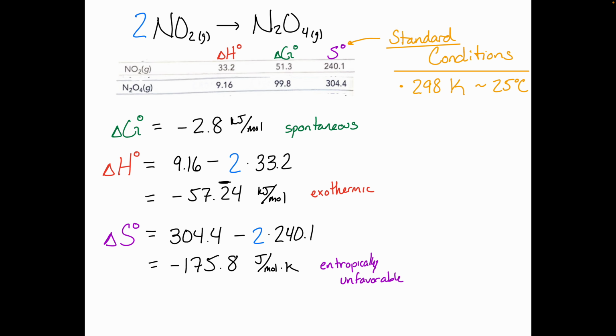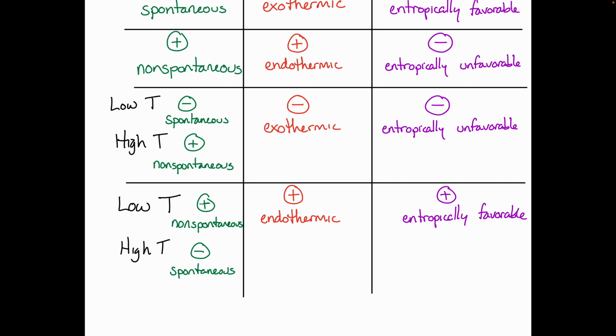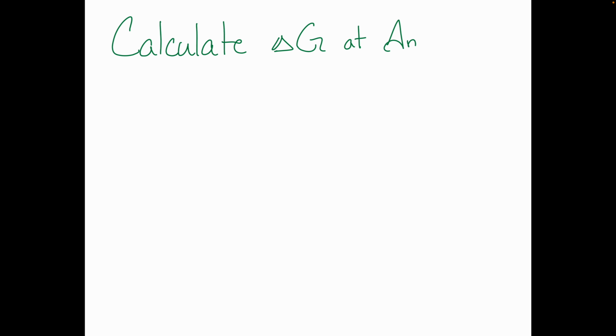According to our little cheat sheet here, at some point I could raise the temperature and it would no longer be spontaneous. So how do I figure out my thermodynamic variables at any other temperature? We want to calculate delta G at any temperature.